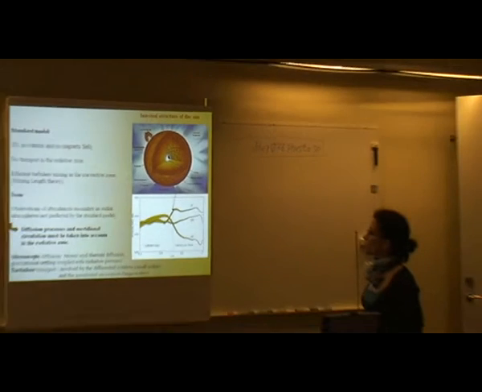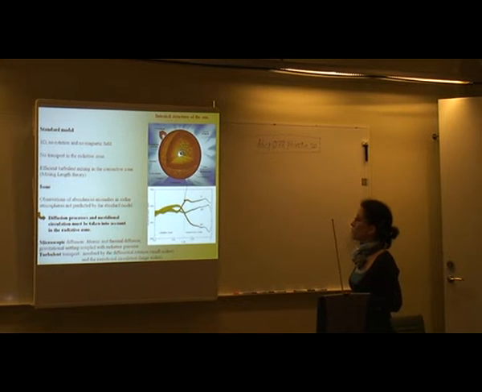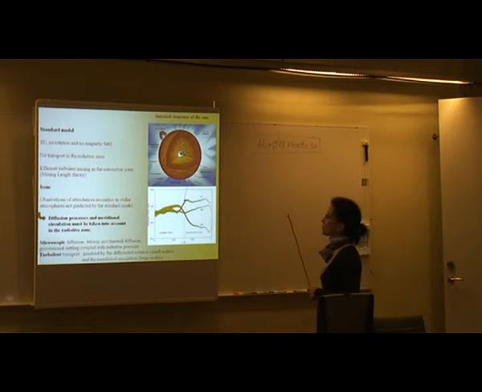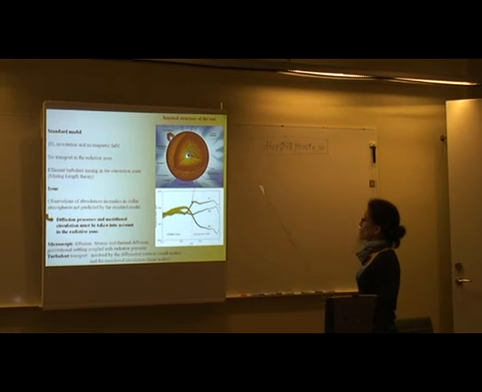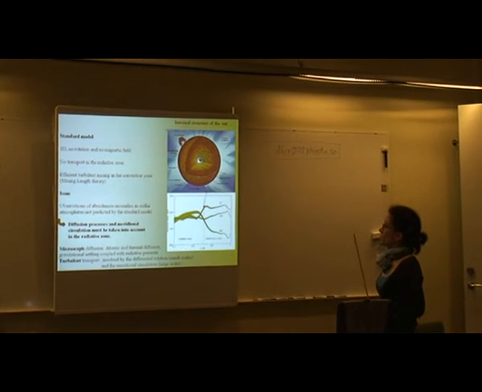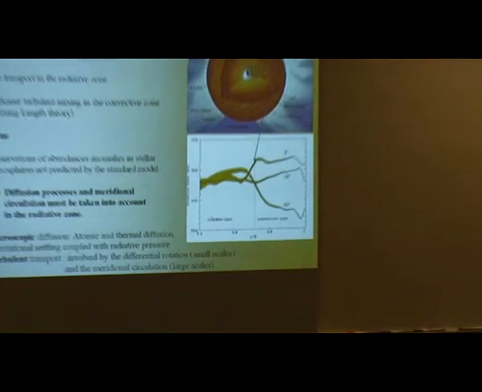Initially the transport was assumed in the radiative zone, so you have two zones, a convective one and a radiative one, and the position of these two zones in the star depends on whether the star is earlier or later type. In the convection zone you had efficient overall mixing described by the mixing length theory.